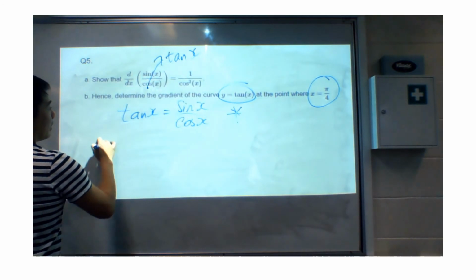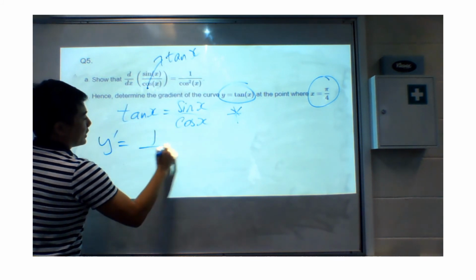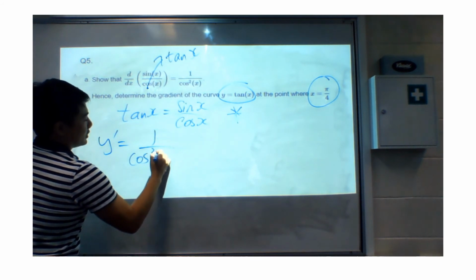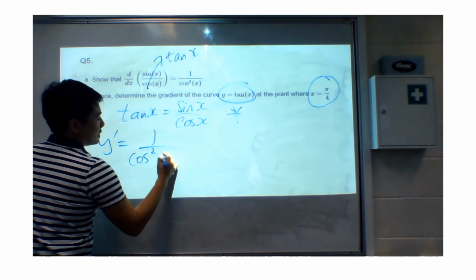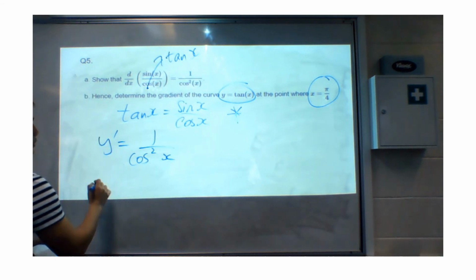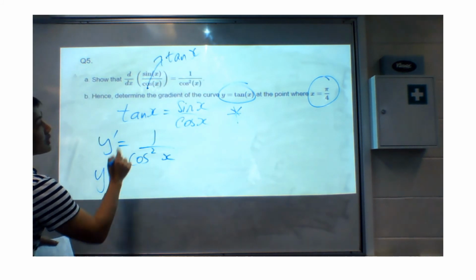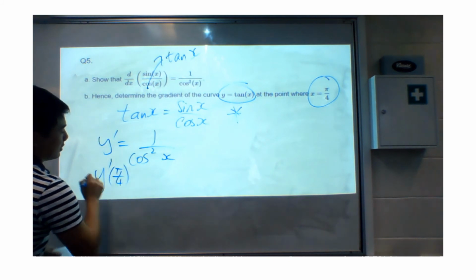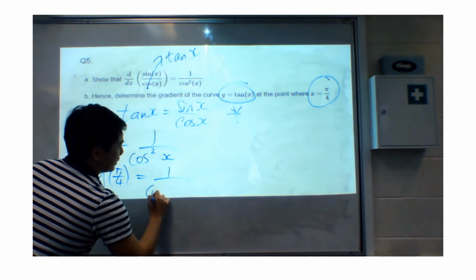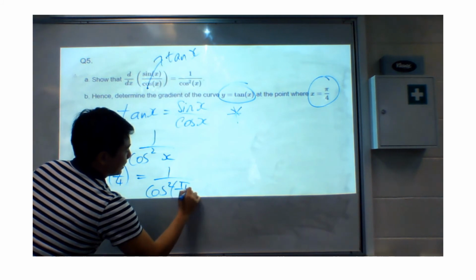So y dash equals 1 over cos square x. But you can write it as y dash at pi over 4 equals 1 over cos square pi over 4.